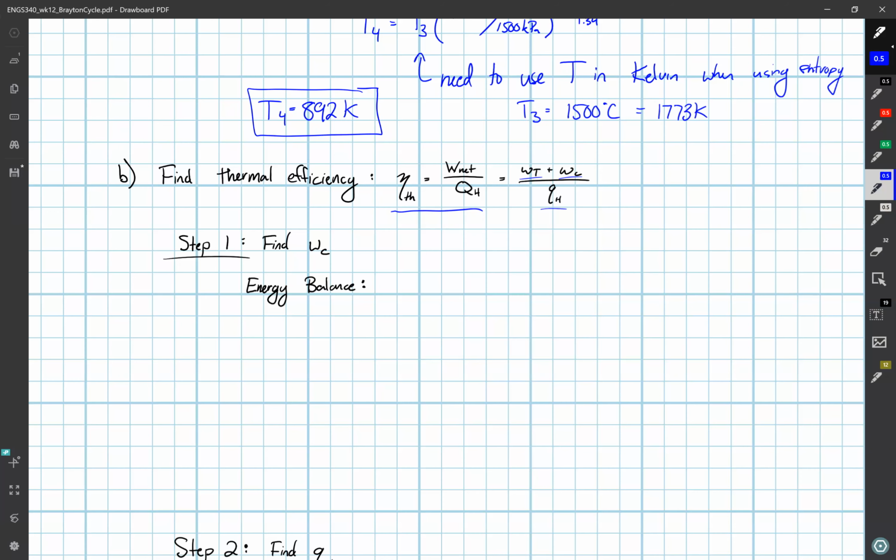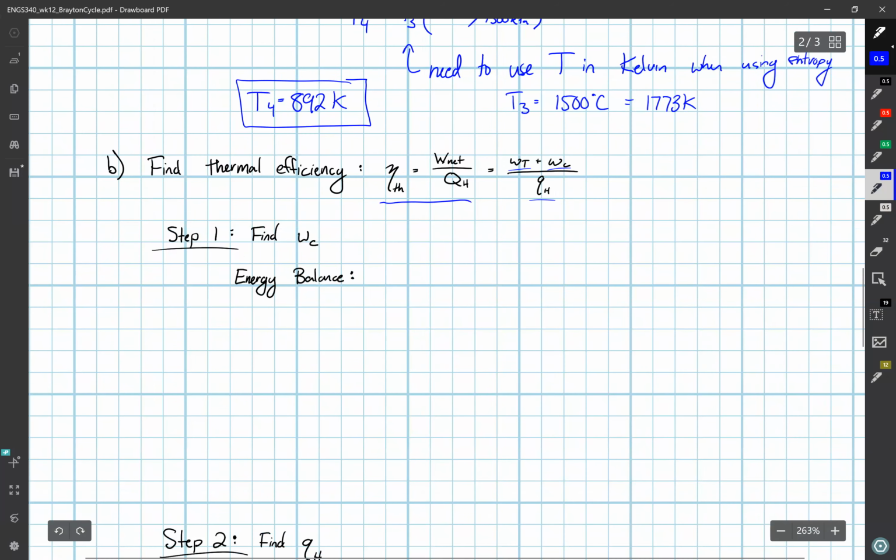We're going to find these by energy balances. So our energy balance is delta H equals Q minus W. It's an adiabatic compressor, so Q is 0. So minus WC equals delta H.